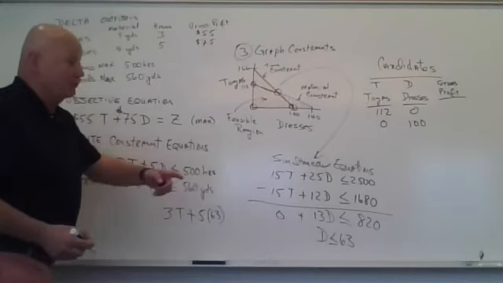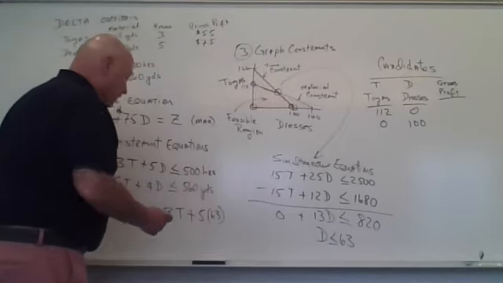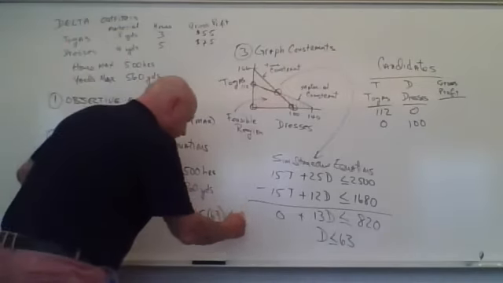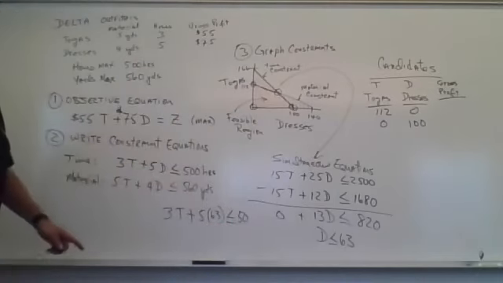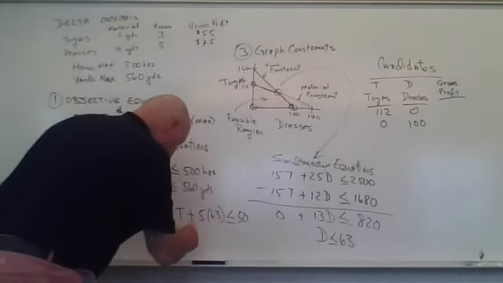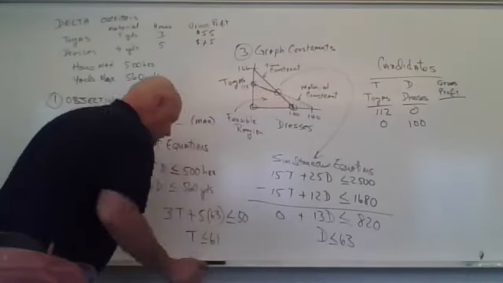You can even use these if you want to. Okay, 3t plus 5 times 63, and that cannot exceed 500, right from here, okay? So if you go ahead and resolve this, you'll find that t is going to be 61. T cannot exceed 61.